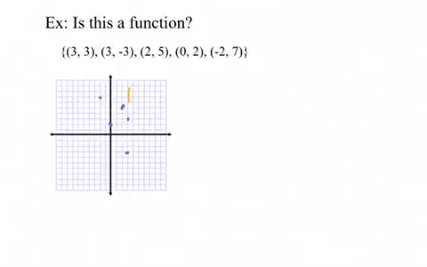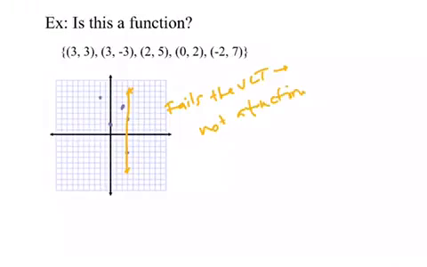Because we can draw a vertical line at x equal to 3 that hits the graph twice, this fails the vertical line test, and it is not a function. Notice that you could determine this by looking for repeated x values. Because you have a repeated x value, again, you know that this will not be a function.